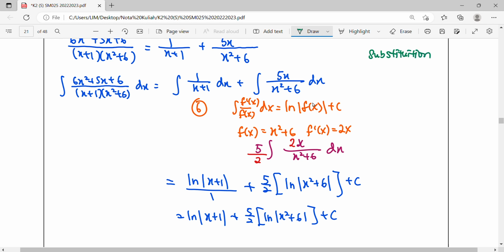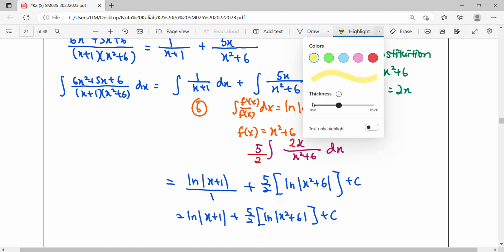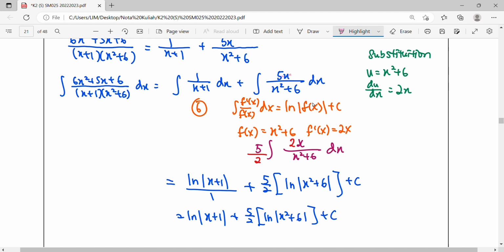We will let u be the denominator, x squared plus 6. Then we differentiate u with respect to x, we get 2x. So what we need to substitute here is x dx. For x dx, we cross multiply, so the term x dx will be equal to 1 over 2 du.